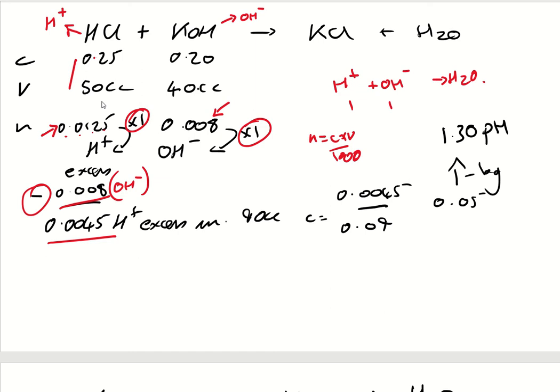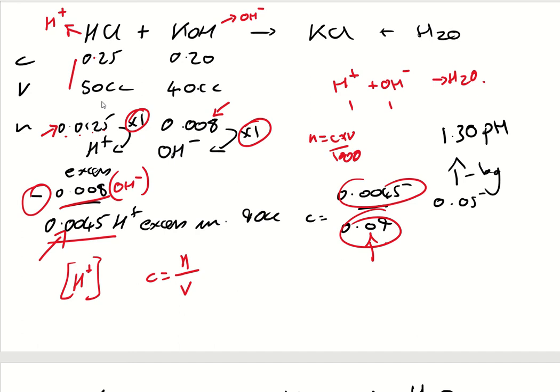Now remember, to get pH, I've got to get H+ ion concentration, not just number of moles. So I take my number of moles and divide it by the volume this time, the volume of 0.09.